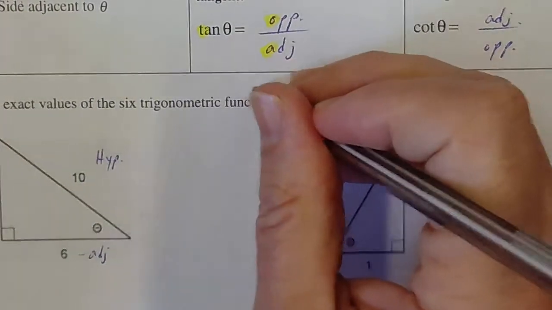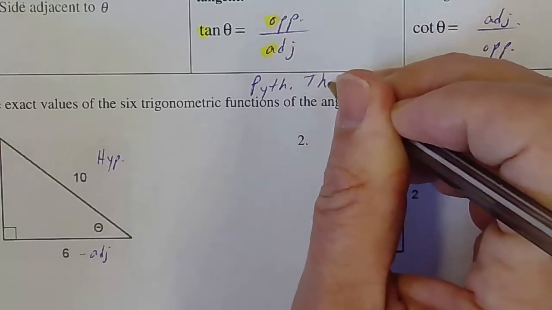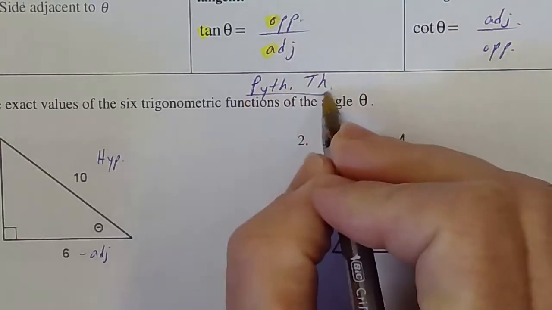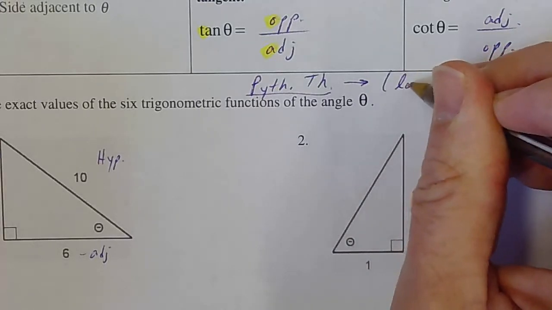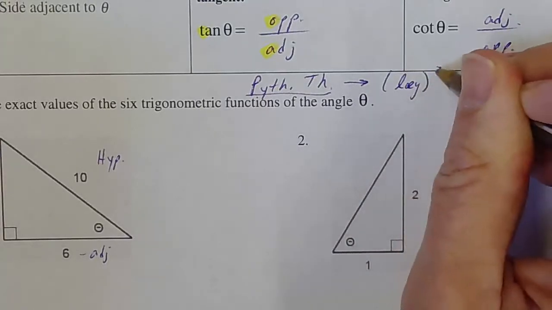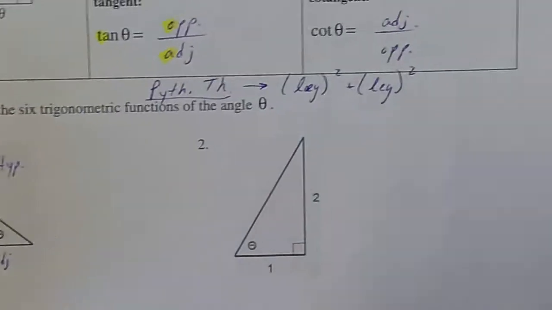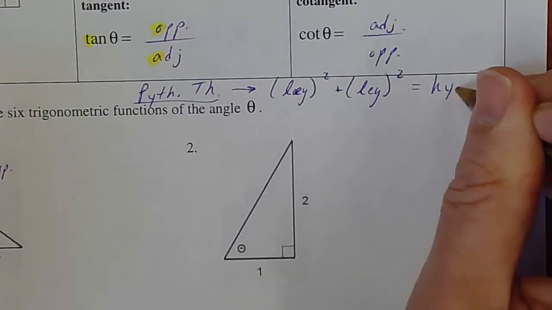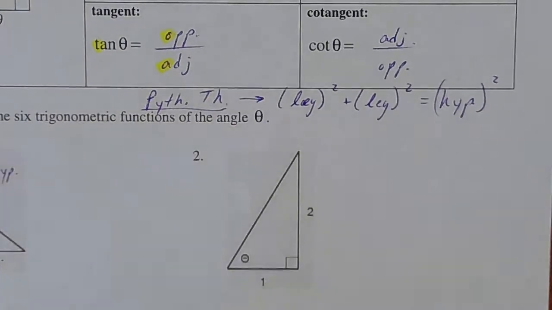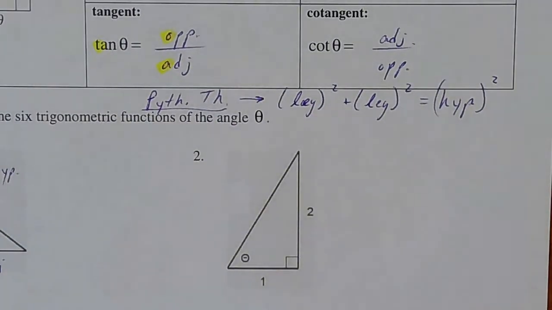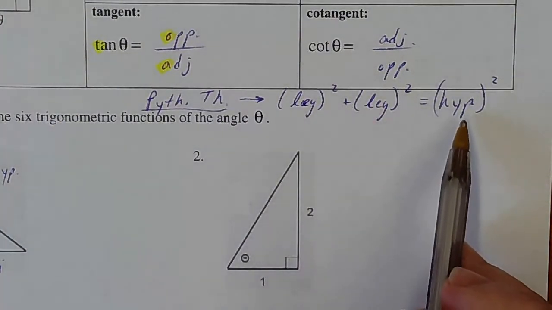So here's a reminder on the Pythagorean theorem if you need it. I'm abbreviating this too. The Pythagorean theorem says leg squared plus leg squared equals the hypotenuse squared. Sometimes we say a squared plus b squared equals c squared, which is fine as long as you know the a's and b's are legs and the c is the hypotenuse.